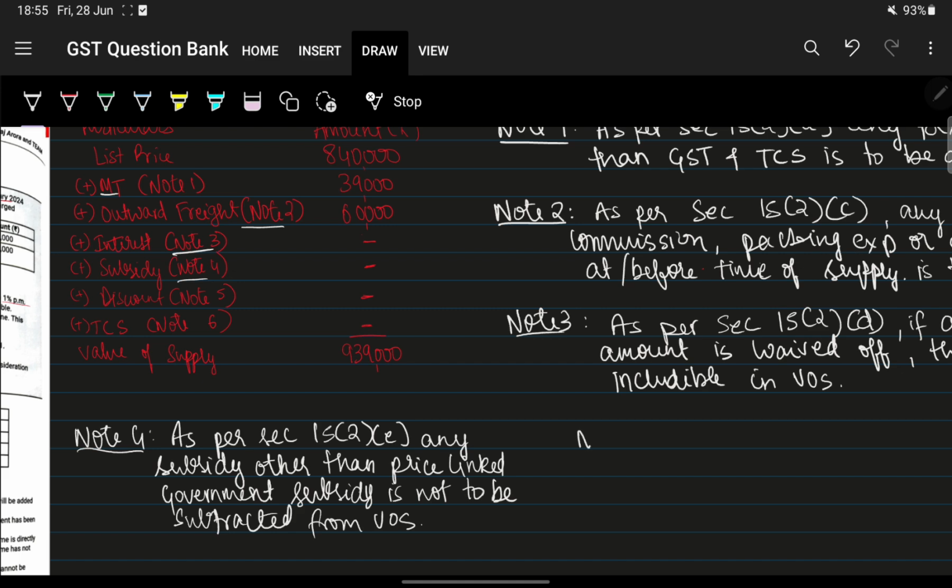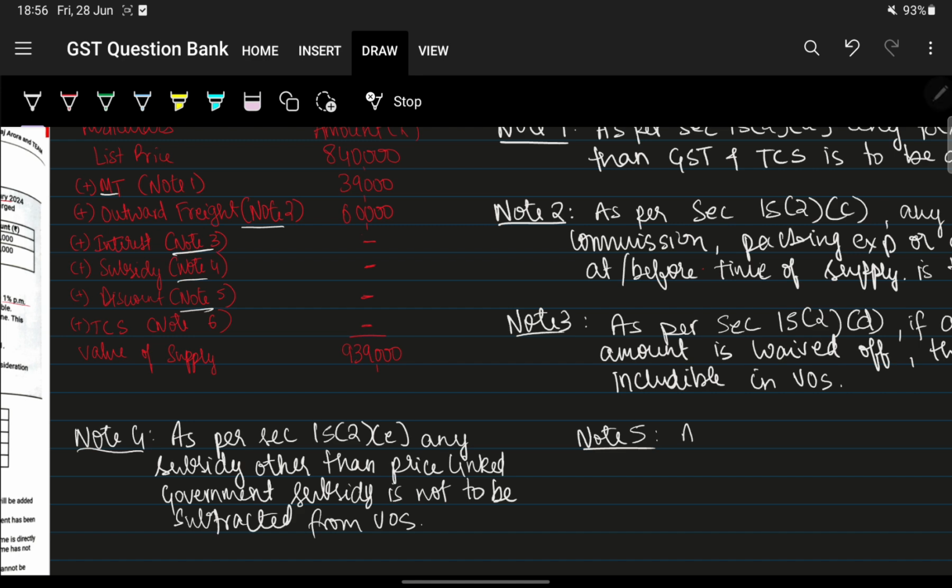Next we'll move on to note number 5. We'll talk about the discount, right? Here the discount is given under subsection 3, which includes the exclusions, what are to be excluded from the value of supply.